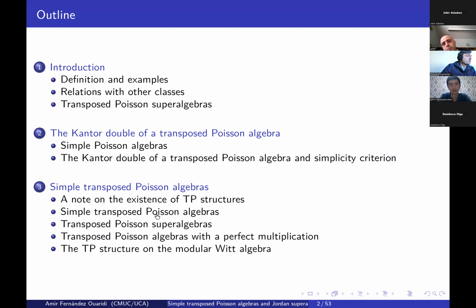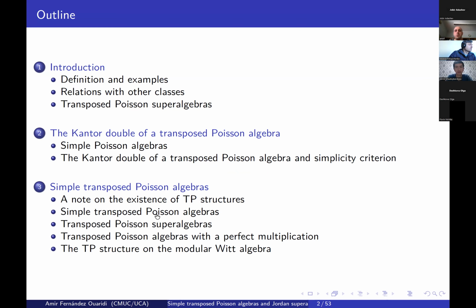In the second part, I'm going to talk about the Kantor double of a transposed Poisson algebra as a first possible idea to classify simple transposed Poisson algebras. And in the third part, I'm going to talk about simple transposed Poisson algebras, and some of the main results of the talk will be there.